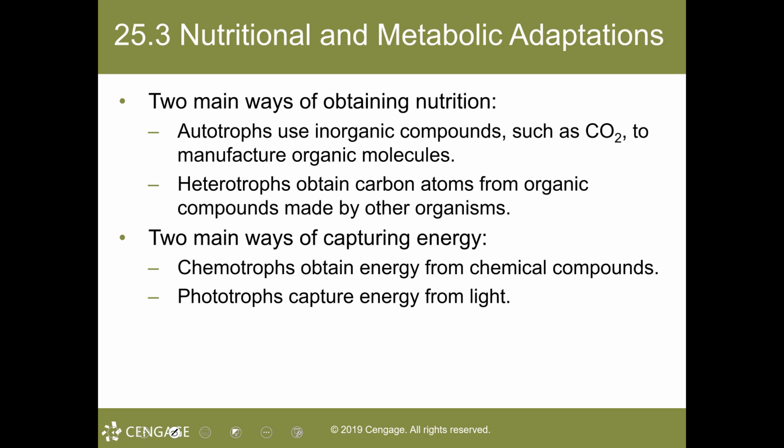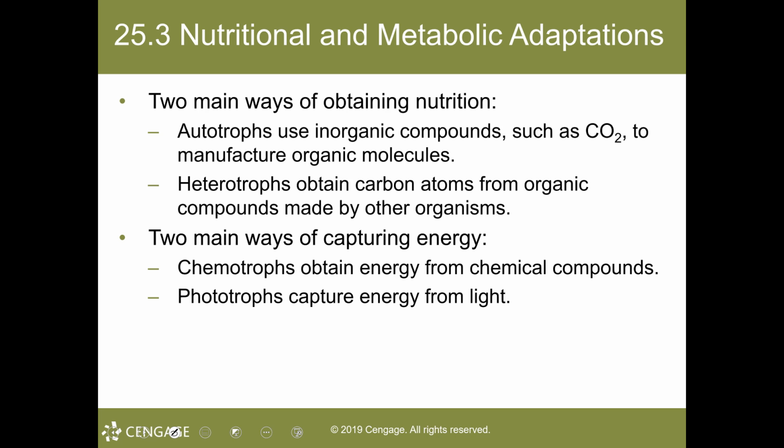So chemotrophs obtain energy from chemical compounds, as opposed to phototrophs capturing energy from light. So being a photoautotroph, class, would include the cyanobacteria, and being a chemoautotroph would be, of course, using CO2, no sunlight involved. And being a photoheterotroph, of course, would be those purple bacteria that use, of course, photosynthesis.